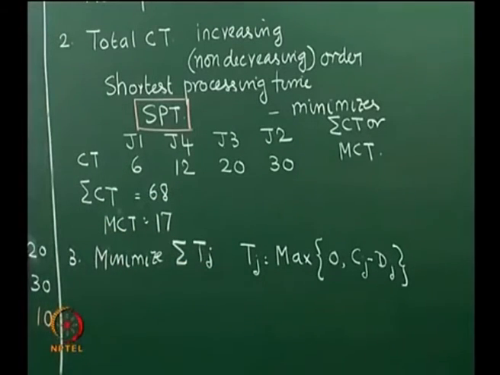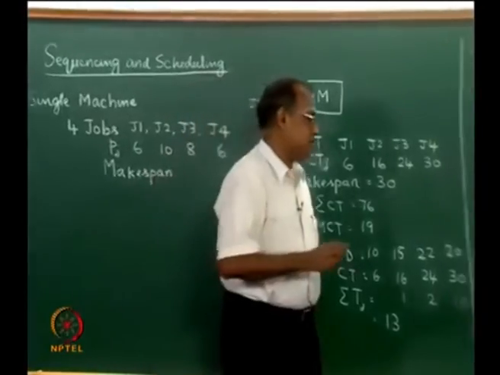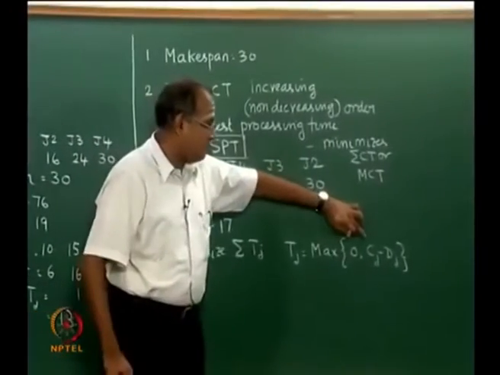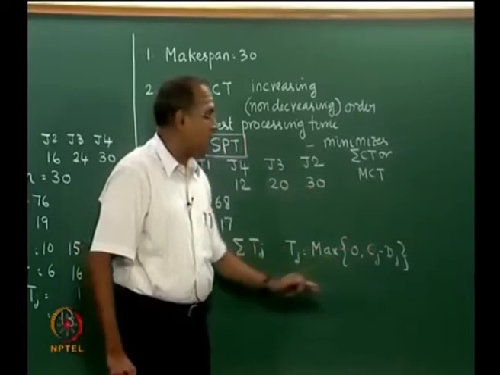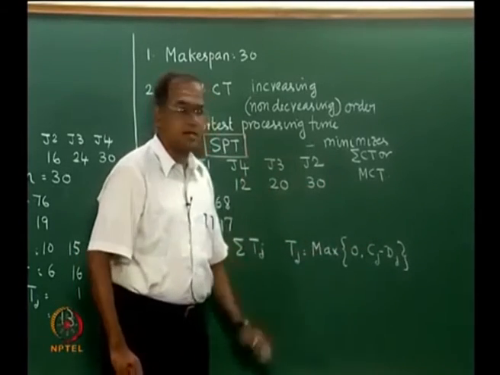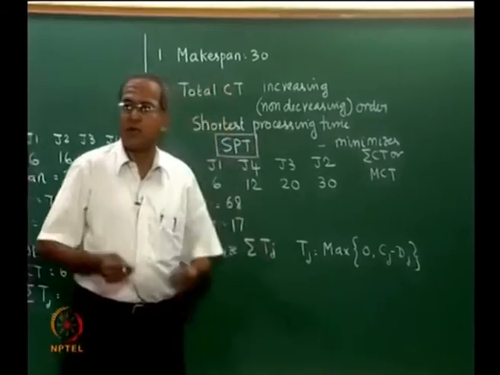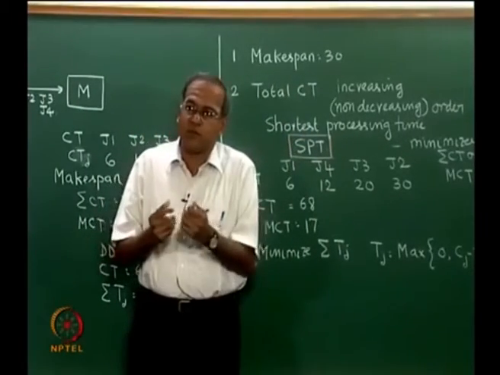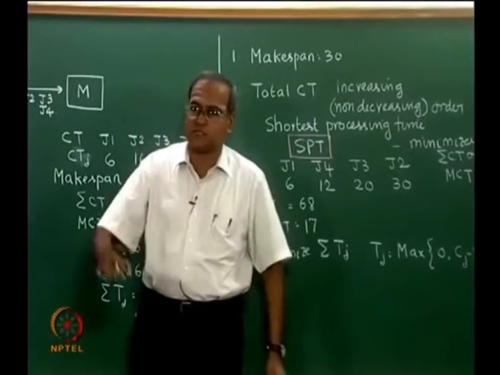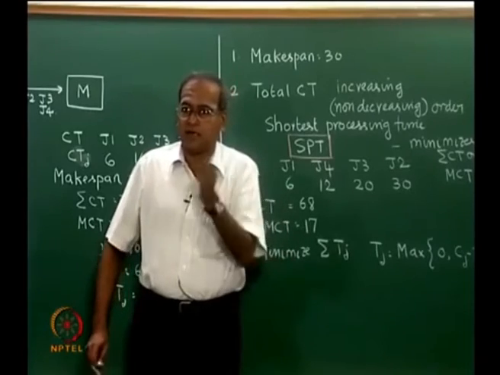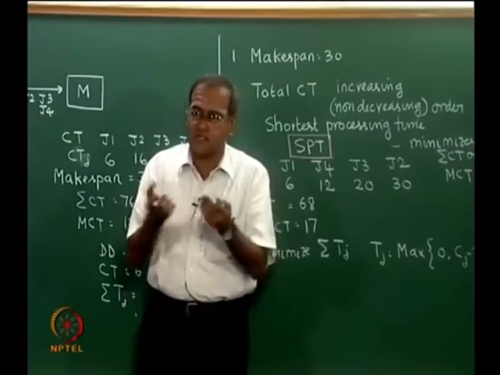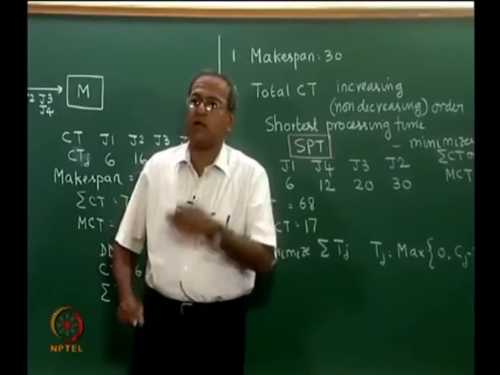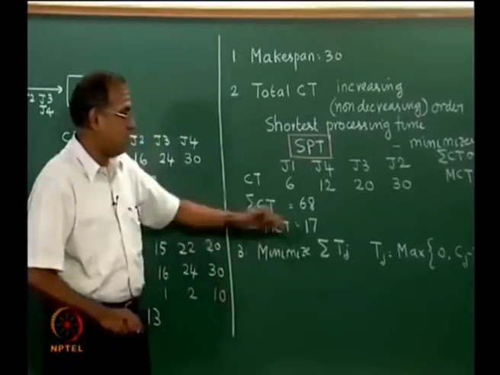Now, the tardiness has two terms, the completion time term as well as the due date term. Since we want to minimize the total tardiness, we would like to begin by arranging or sequencing the jobs in non-decreasing or increasing due dates and hope that such a sequence will turn out to be optimum. So, let us first evaluate that.